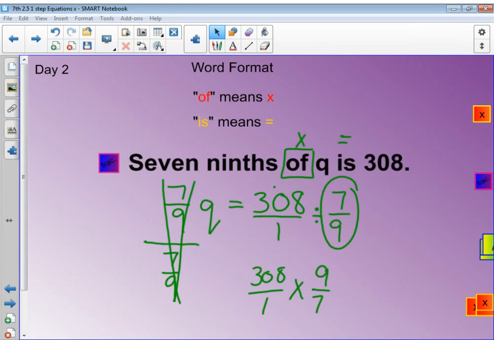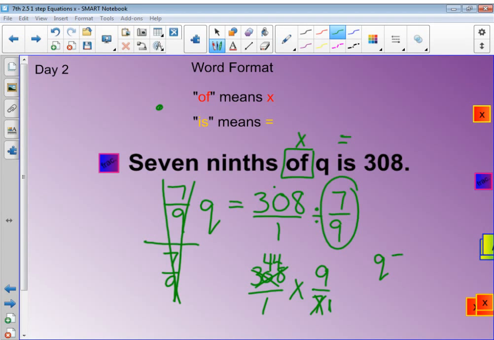So I'll punch in 308 divided by 7 and see if it goes in evenly. And it does. It gives me a perfect whole number. If I were to get a decimal, then that means that it's not divisible. So I'm going to go ahead and cross cancel. 7 will go into itself once, and 7 will go into 308 44 times. Okay, so now I'm left with ones on the bottom, so I'm just going to take 44 times 9 to get my final answer. And when I do that, I just found out that q equals 396.